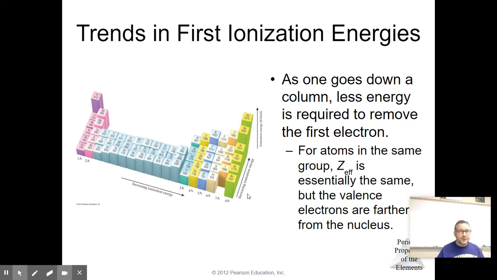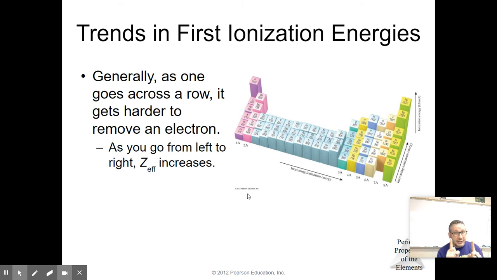Now, generally, okay, we see that word generally right now, and we're going to discuss why they use generally. But generally, as one goes across a row, it becomes harder to remove an electron. So left to right, your ionization energy is going to increase.